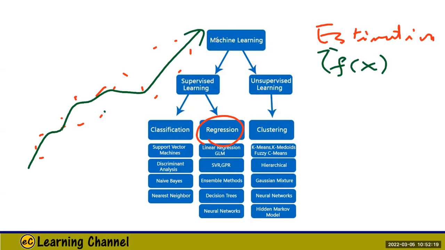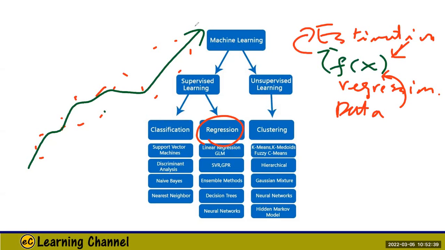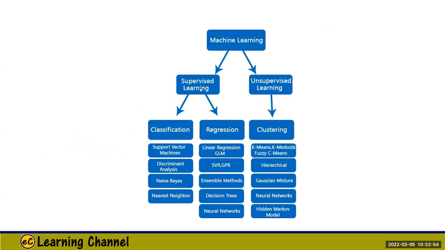From the red data we find this equation, that's called regression. We use that green function to predict the future. We use that to do estimation. The first purpose of regression is estimation. Here I just shortly talk about it in this way. And that's supervised learning.